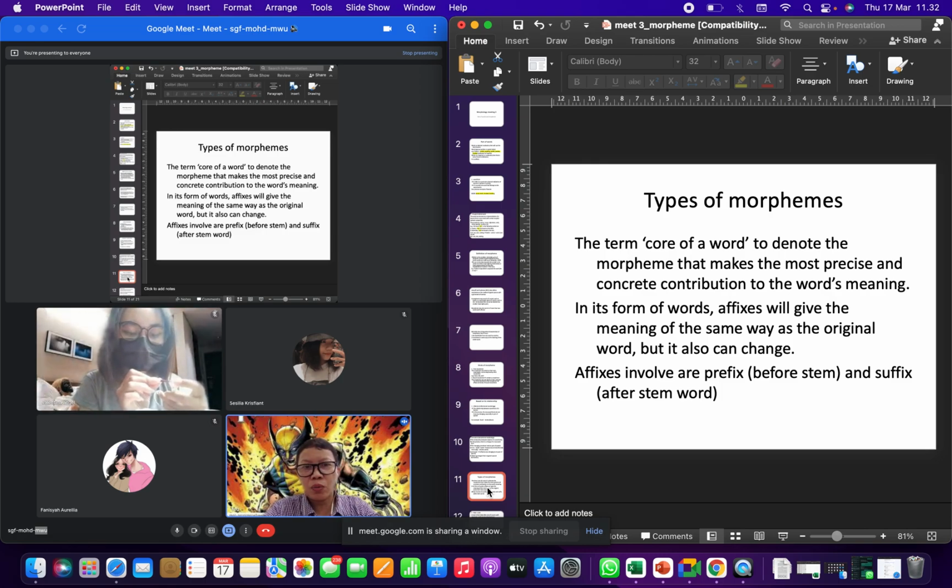Prefix means that we put some morpheme before the stem. And when we talk about suffix, we talk about adding morpheme after the stem word. And we can also talk about infix. It means that we insert something between the stem. Later we are going to talk about what a stem is.